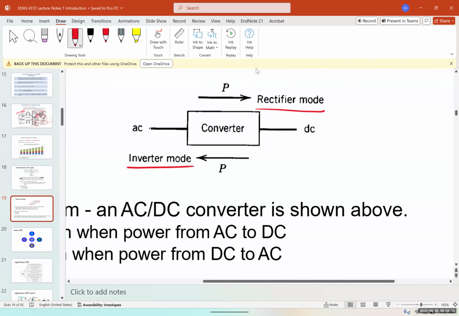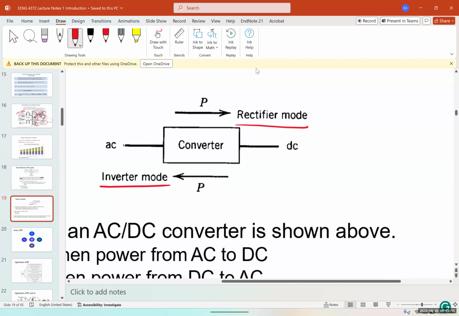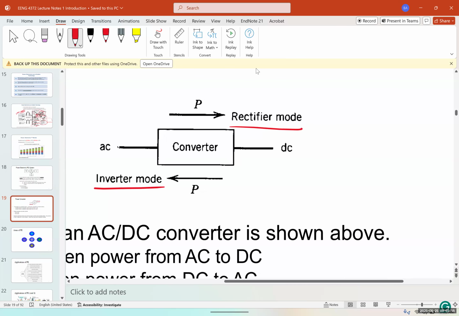Let's step back a little bit. We learned that for going from AC to DC, we need a rectifier, and we do that through a bridge, like a Wheatstone bridge, a full bridge, full wave rectifier.